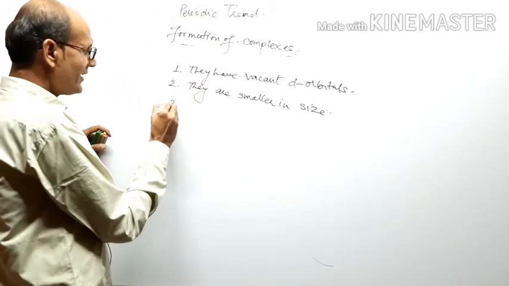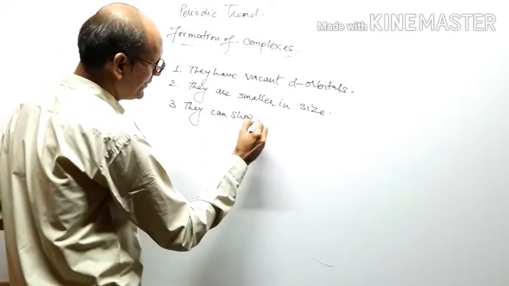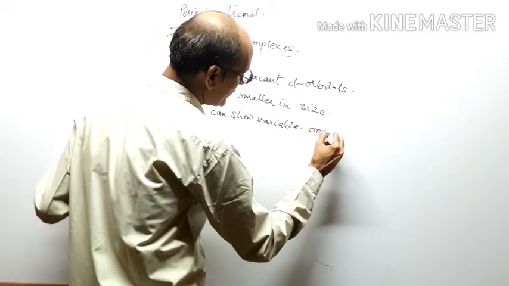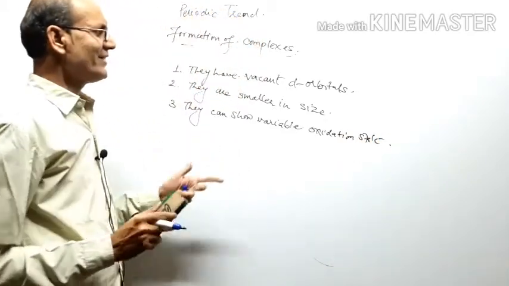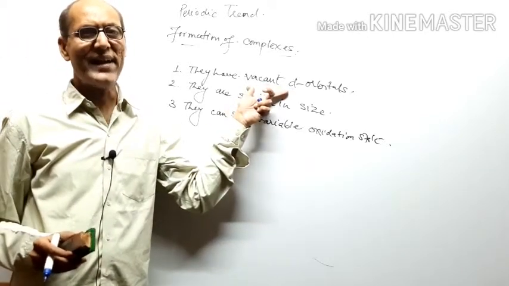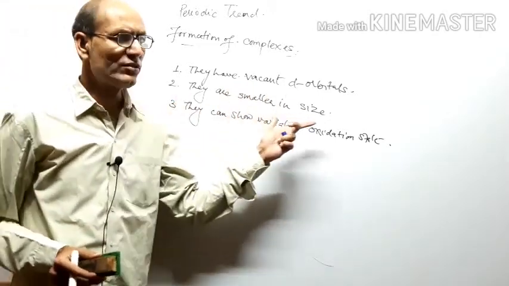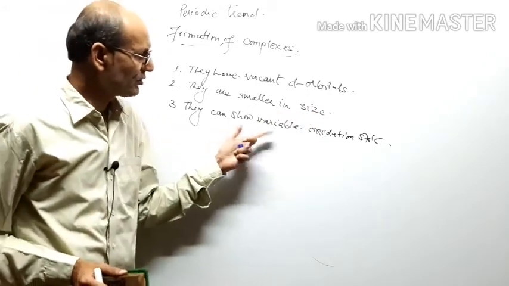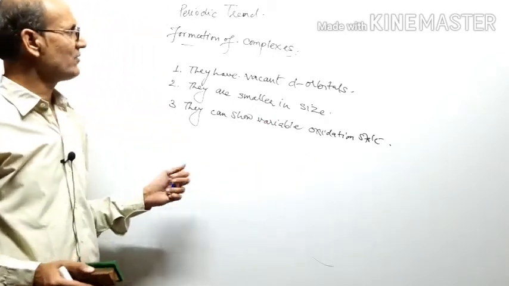And number three, they can show variable valencies, variable oxidation states. Due to these three reasons, they can easily form complexes because they already have vacant orbitals in which ligands can be accommodated easily. Number two, they are smaller in size, so it is not difficult to form the complex. Number three, they can show variable valency, so they can satisfy the primary valency as well as the secondary valency.